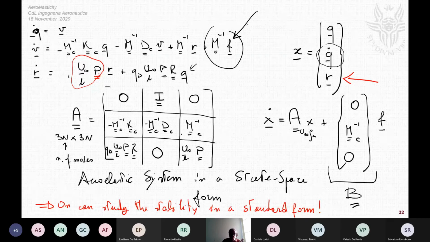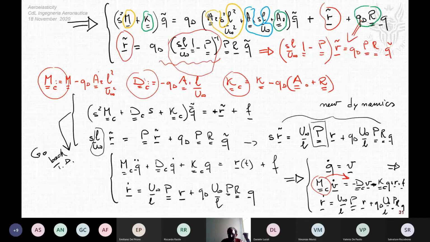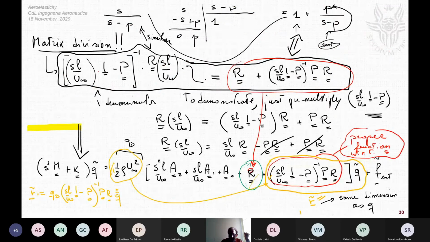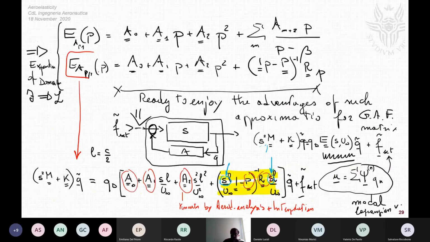And note that this local dynamic given by the aerodynamic is regulated by P vector, and the P vector is the vector of the poles of our aerodynamic matrix approximation. Here is the denominator of our aerodynamic matrix.